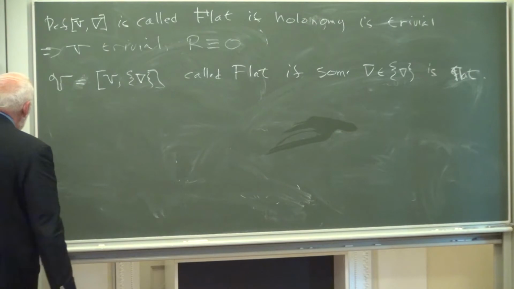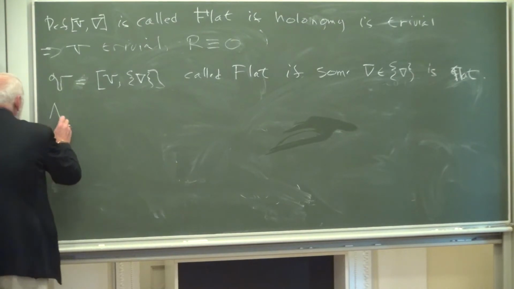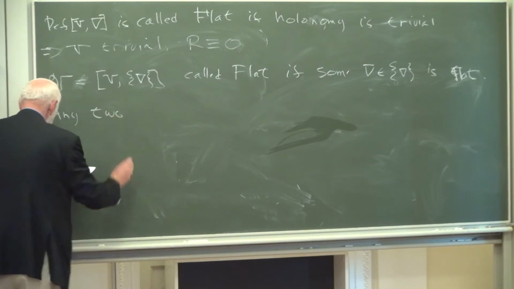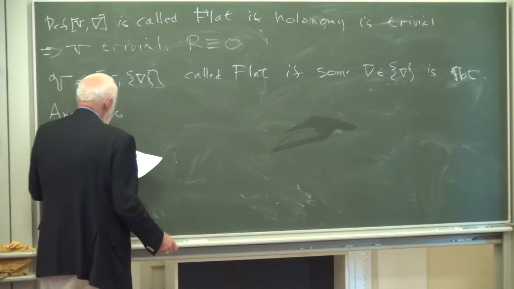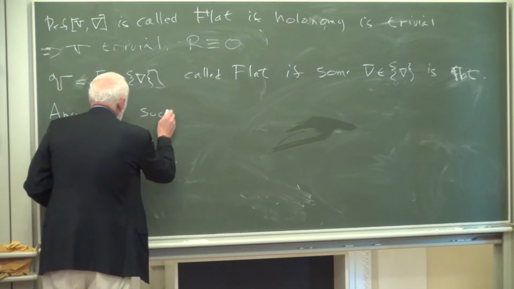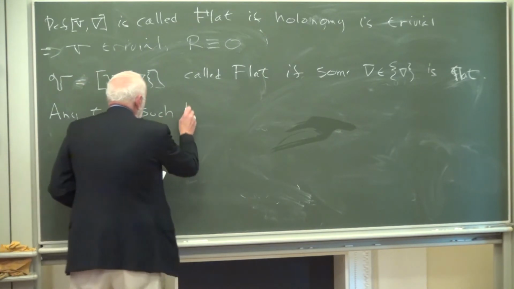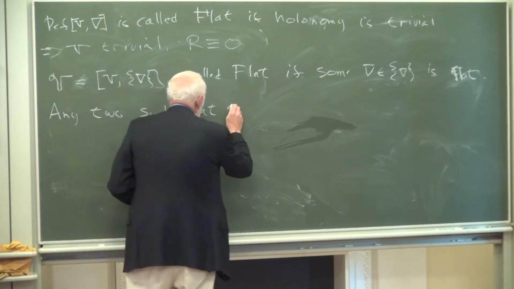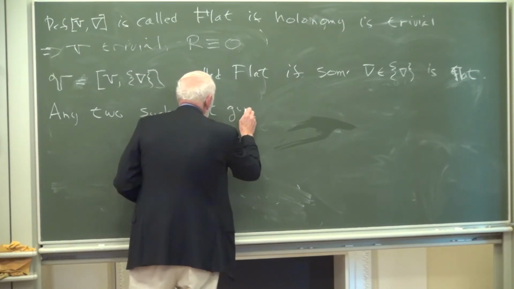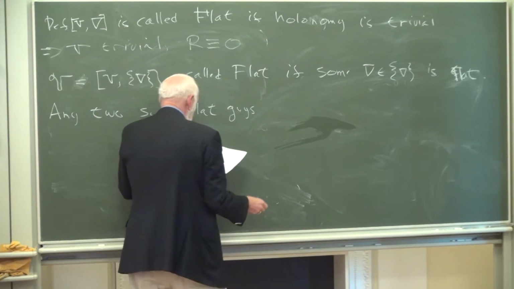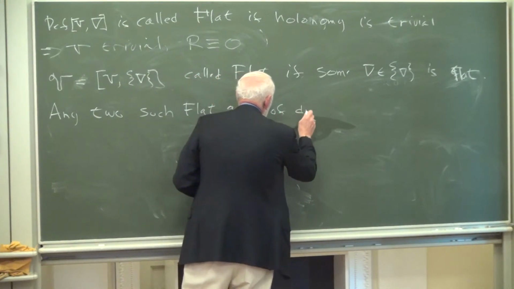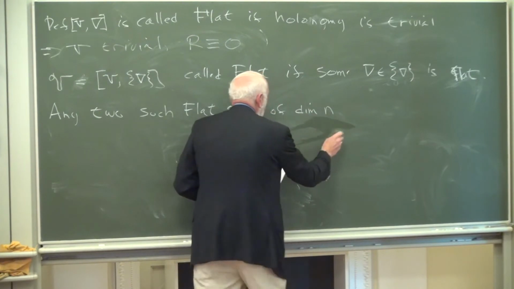Now, any two such flat guys of dimension n are isomorphic.